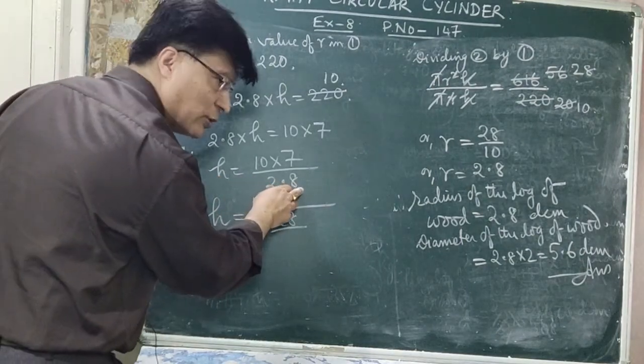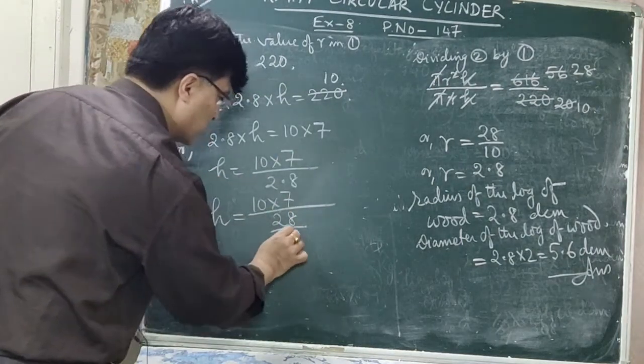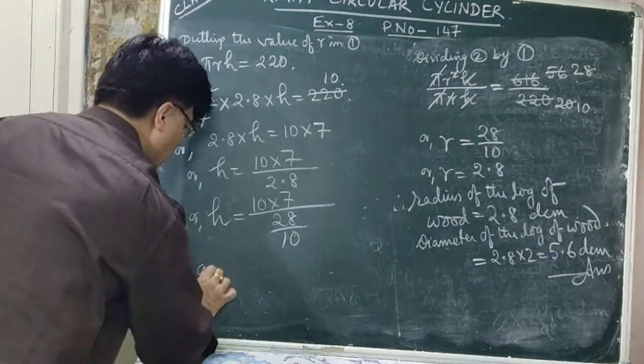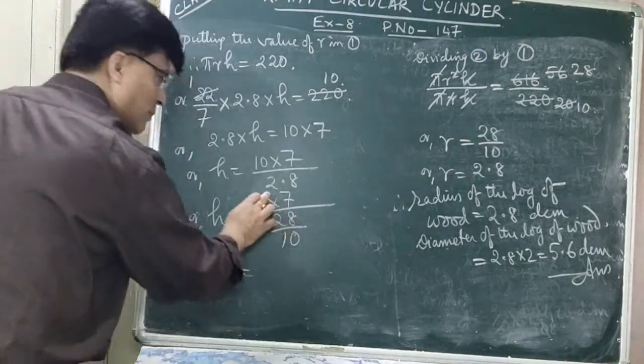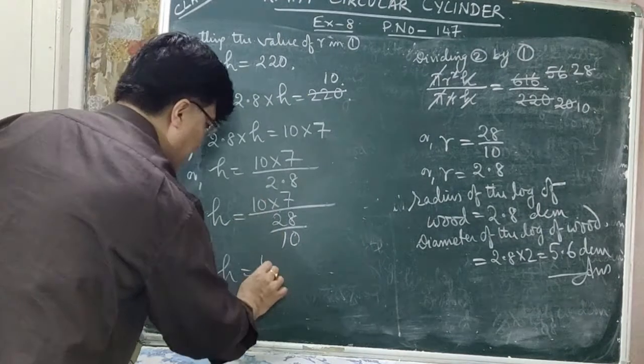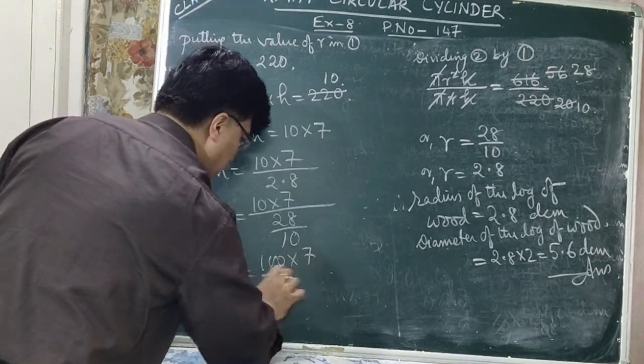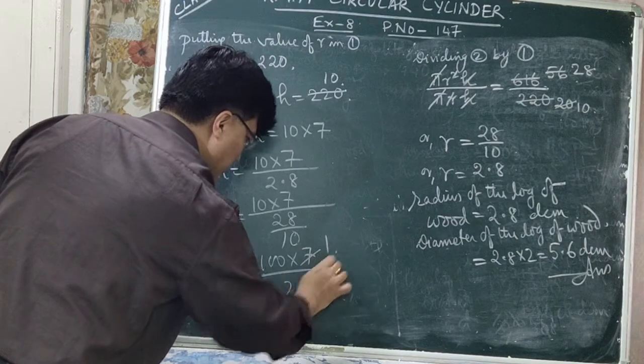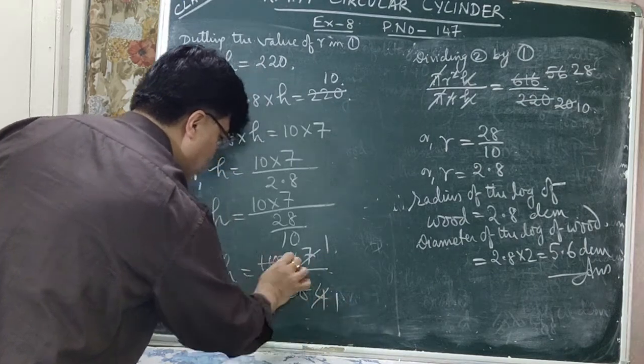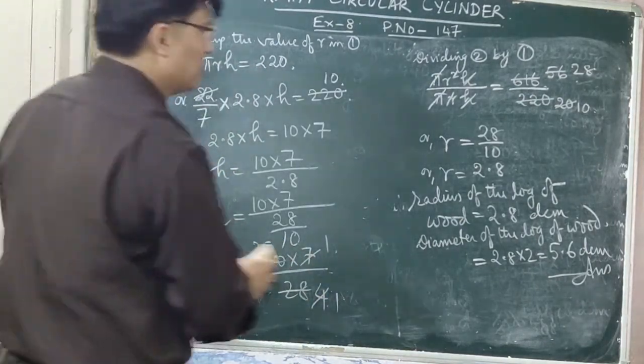After decimal point there is only one figure, so you have to write 1 0 then 1. Okay, so or h is equal to, 10 goes up in the numerator, so it is 10 tens are 100 into 7 divided by 28. 7 ones are 7, 7 fours are 28. 4 100 like times, it goes 25 times.